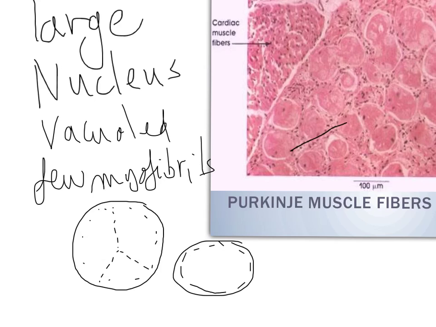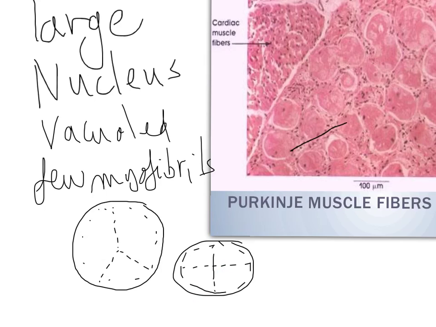This is the peripheral, and then we have this arrangement of the myofibrils in the center. So you may see this picture of the arrangement of central myofibrils in the form of the Mercedes mark or in the form of this cross.